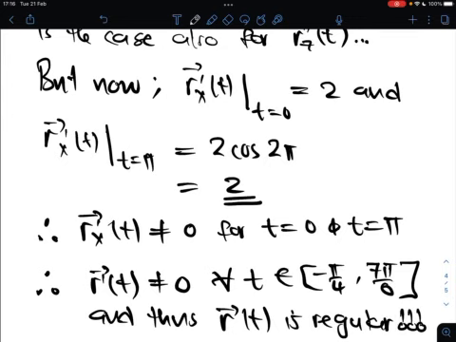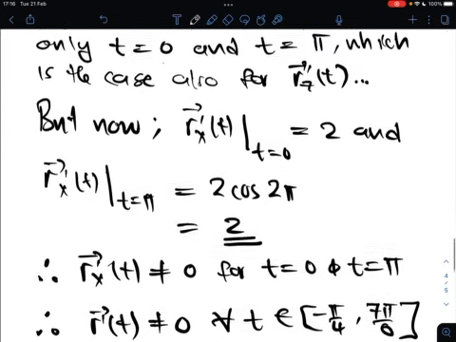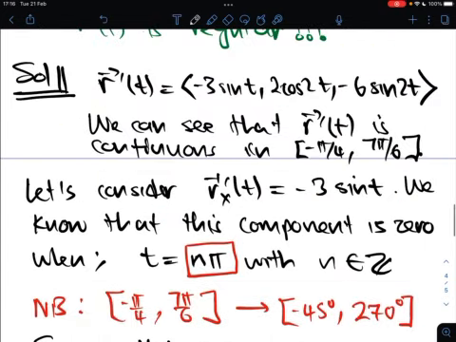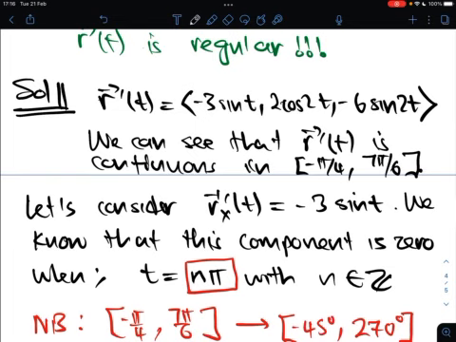You see, so this is how you solve problems where you have to prove the regularity or the smoothness of a function. You just have to give convincing arguments that it's impossible to have all components vanishing at the same time. So we already saw here that the x, y and z components of this derivative vanished at the same set of parameter points.